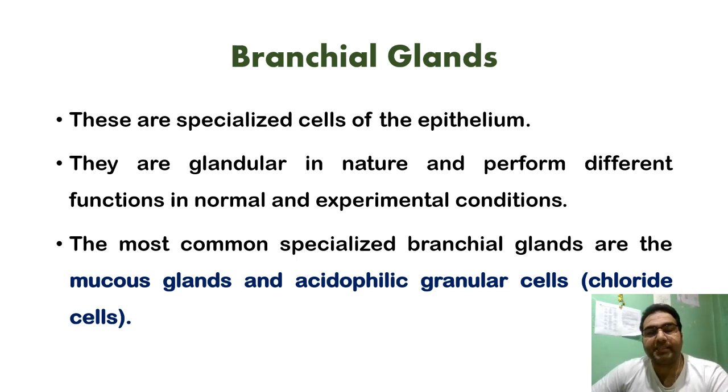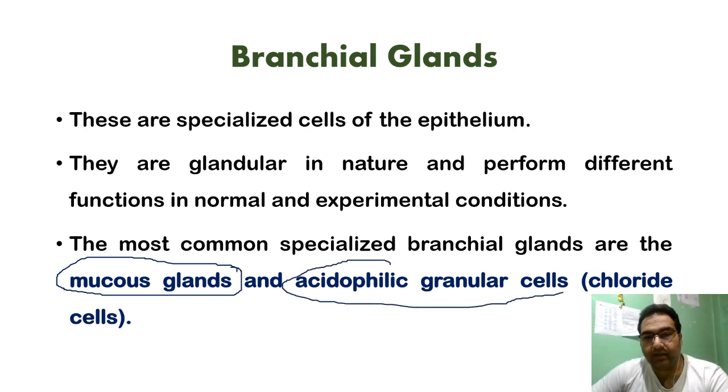The most common specialized branchial glands are the mucous glands and the acidophilic granular cells, which we also call chloride cells.